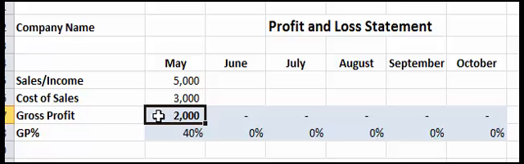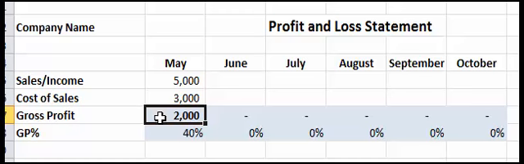Do not confuse the terms gross profit and net profit. Gross profit does not include the costs of all your other expenses, things like advertising, electricity, rent, and all the other associated costs with running a business.